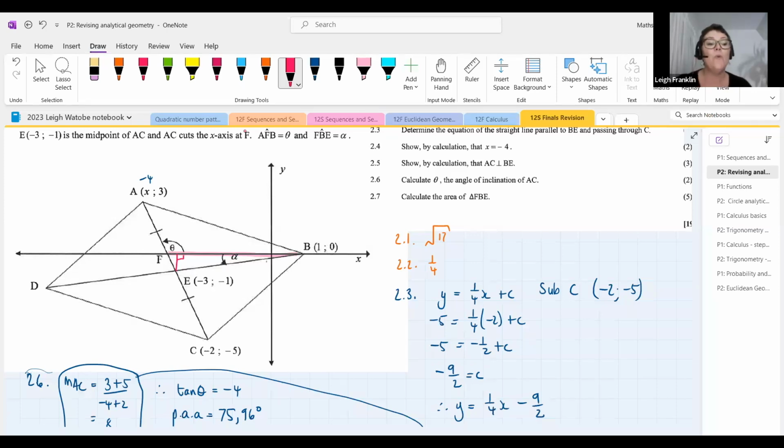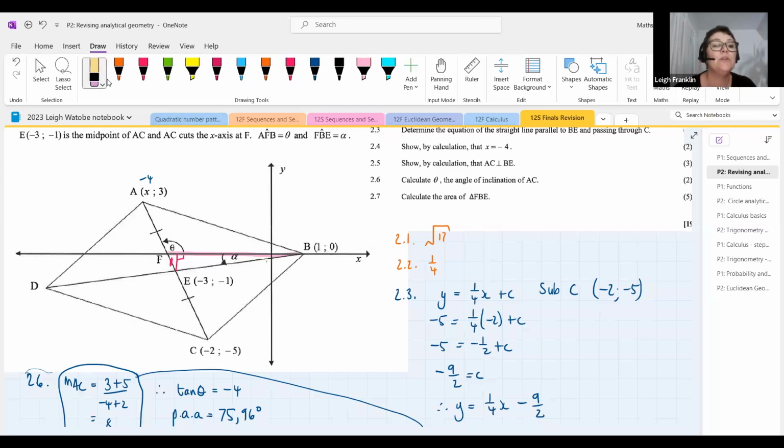So remember, your x coordinate tells you how far the point is from the y-axis. The y-coordinate tells you how far the point is from the x-axis. So in other words, the length, this little line that I've drawn in here, that perpendicular, is going to be 1 unit. So what I need is the length of FB.